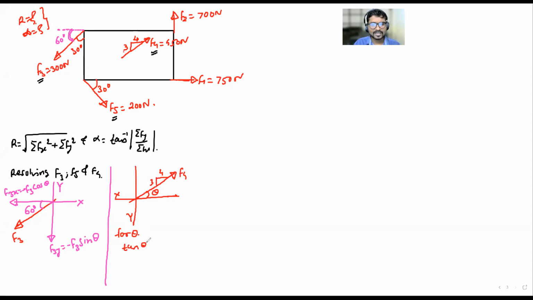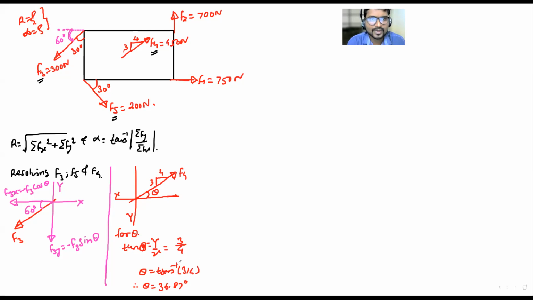Tan theta is equal to y by x, y is 3, x is 4. So theta is equal to tan inverse 3 by 4, which comes to 36.87 degrees.